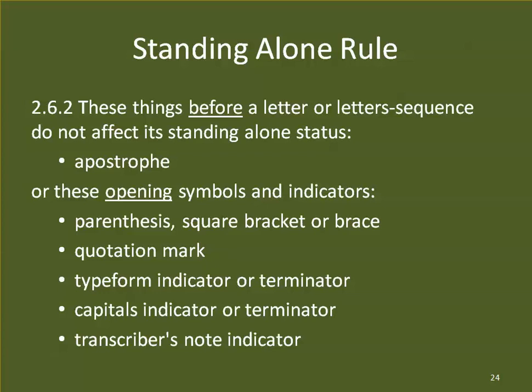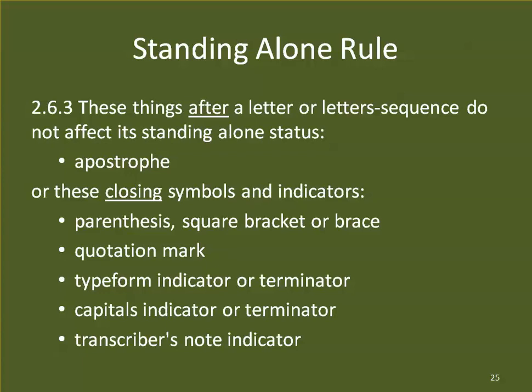For instance, an opening parenthesis, square bracket or brace, an opening quotation mark, a typeform indicator, not the terminator, sorry, that should be omitted, the capitals indicator, or the transcriber's note indicator. So anything that opens up and is before the letter or letter sequence, as long as there's a space, hyphen, or dash on that symbol sequence, it's still standing alone.